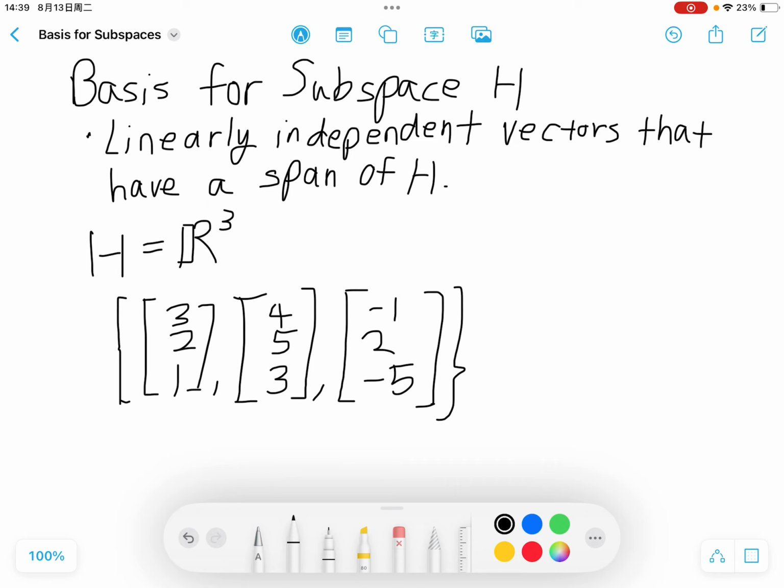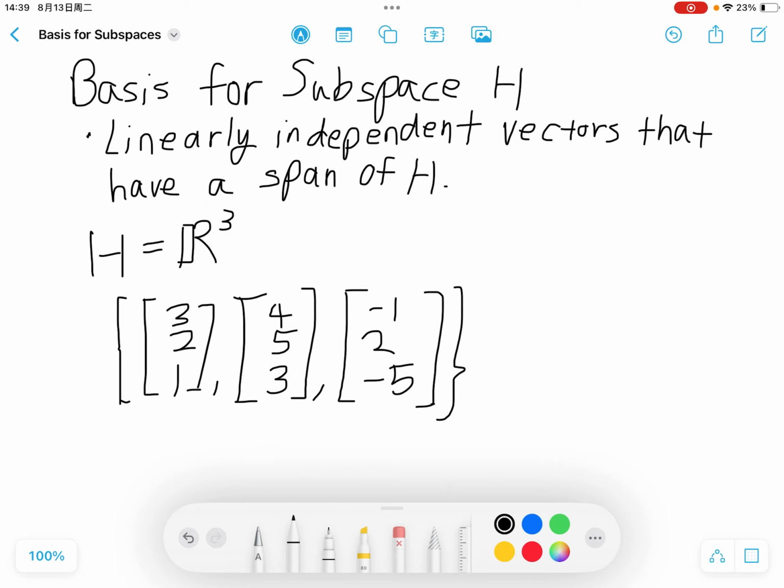Well, the first thing is that they have to be linearly independent. So if I draw the three vectors, I want to make sure that neither can be a linear combination of the other two. And if we actually draw the vectors, we figure out that yes, they are linearly independent, and so do they have a span of R3?